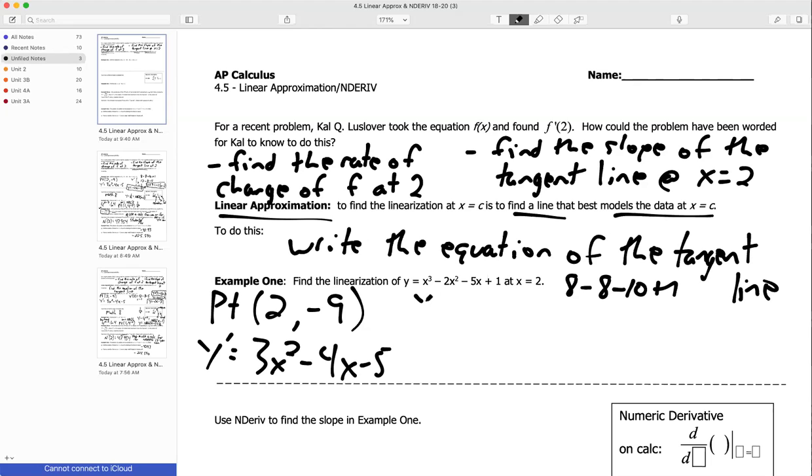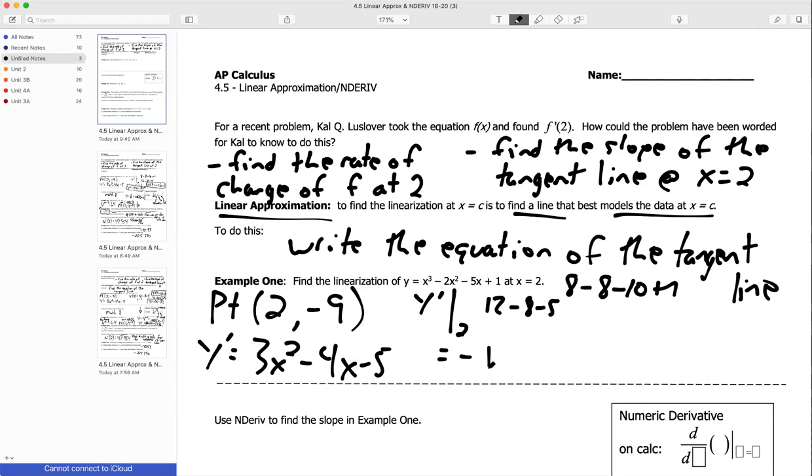Okay, so I want y prime at 2. This notation just means that I am evaluating the derivative at 2. So I'm going to take 2 and plug it into my equation. So let's see, that's going to give me 12 minus 8 minus 5, which is 12 minus 13. So my derivative evaluated at 2 is going to be negative 1.